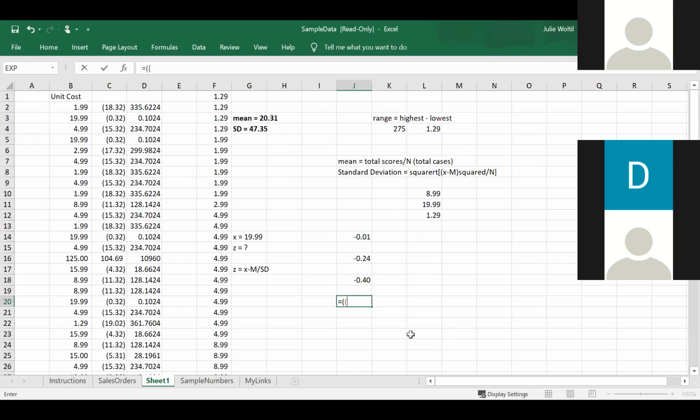What if I pick my largest value, which is 275? 275 minus my mean, divided by 47.35. Here we go.